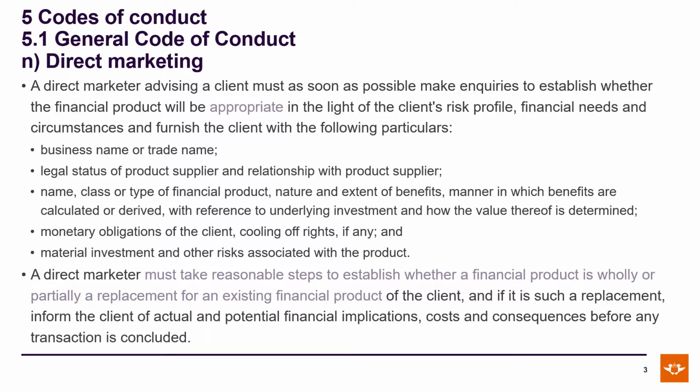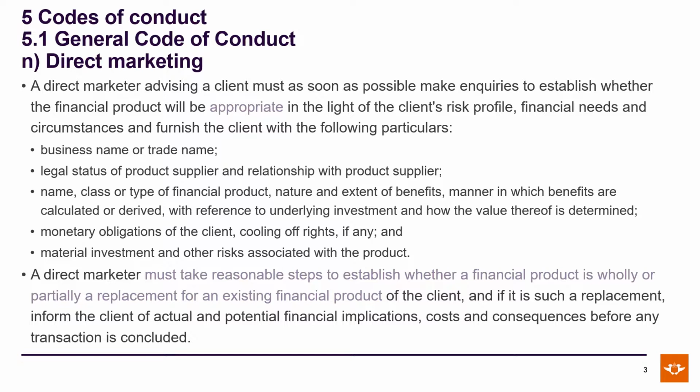So when a direct marketer is advertising to the client, they must as soon as possible establish if that product is appropriate, looking at the client's risk, financial needs and circumstances.